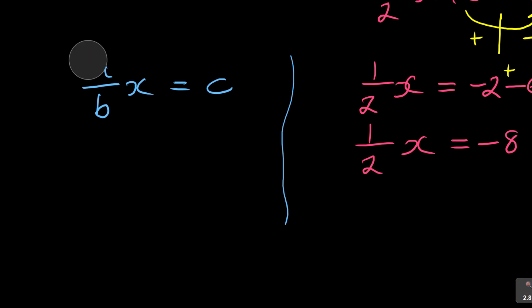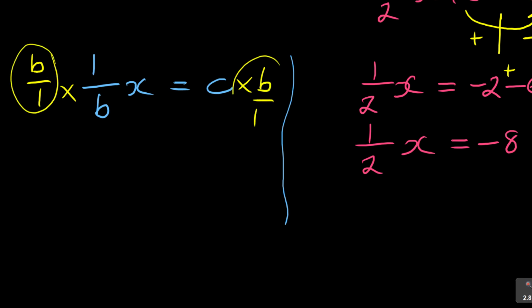Alright, let me not say A over B. Let me say, first of all, 1 over B. To get rid of B, you what? You multiply by B over 1. Here also what you do on the left, you say B over 1. What you do on the left, you do on the right. You see, there is B over 1, there is B over 1. Are you seeing that? So from there, that's how that B will go off.